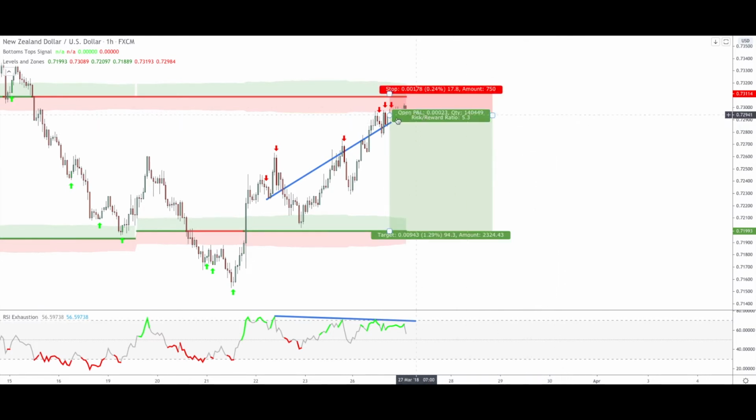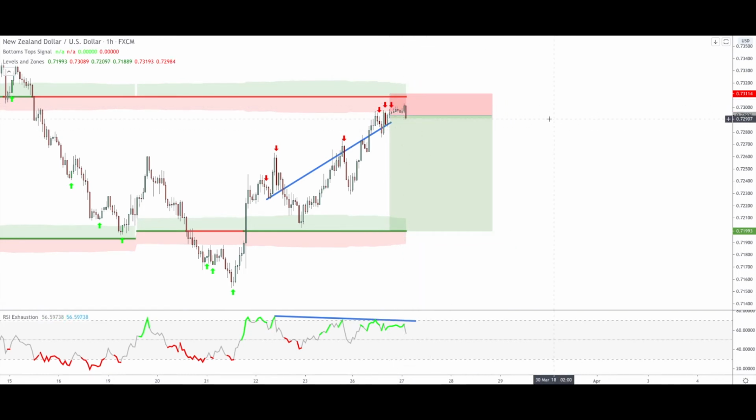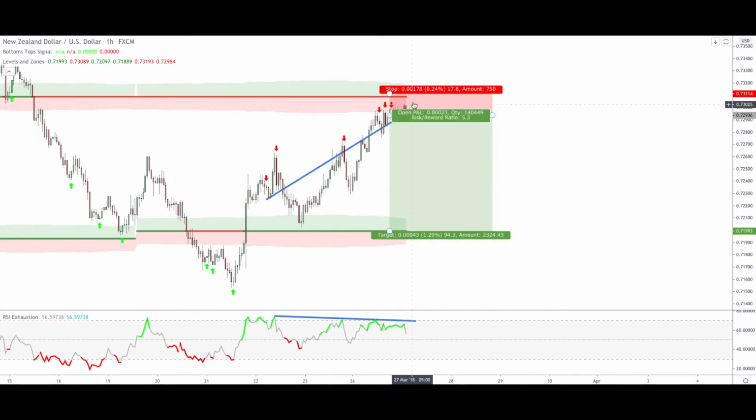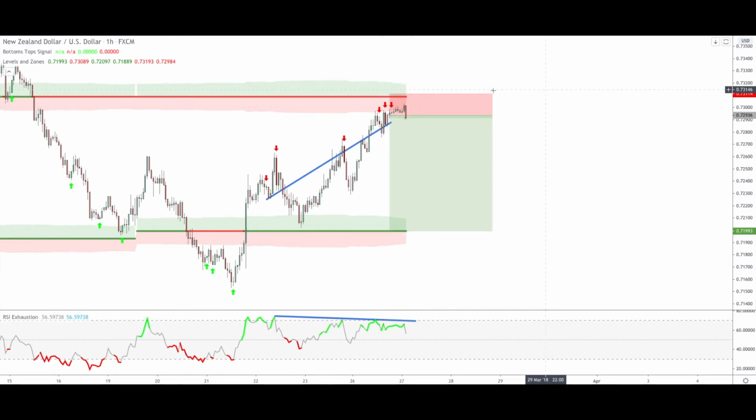And what I see here is that the price is trying to move higher, but the sell zone is preventing it from moving higher, and the sell zone is protecting us as we expected, and as most of the time happens.